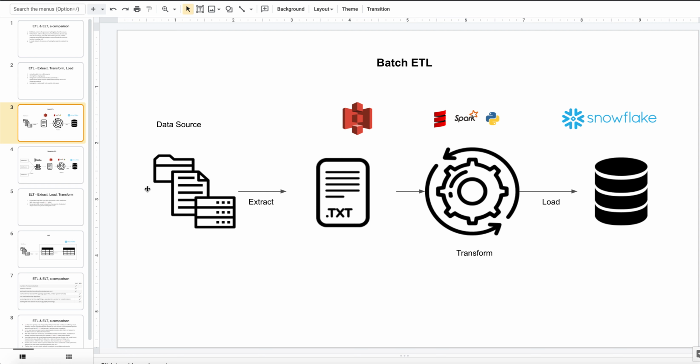So as you can see, you have multiple data sources. You extract them into a staging area. In this case, we have used the S3 file system as a staging area. And then you run a transformation script, most commonly a Spark, Python, or Scala script, and then you load the transformed data into your data warehouse, and now the data is ready to be consumed by a data user.